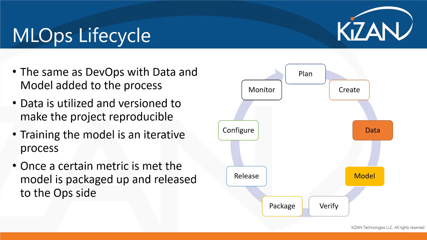In the next slide, we'll zoom in to see more of the details on a machine learning lifecycle, but for now we can just think of it as being created. The two additional things from the DevOps lifecycle are data and model.